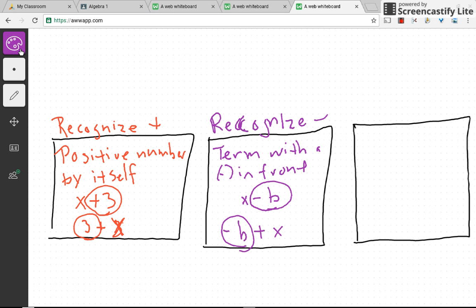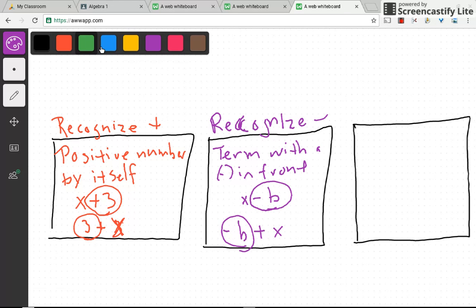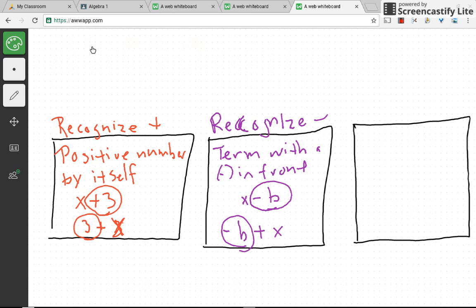And then if I recognize multiplication, so let's grab a different color. Recognizing multiplication, it's a number and a variable that are side by side.